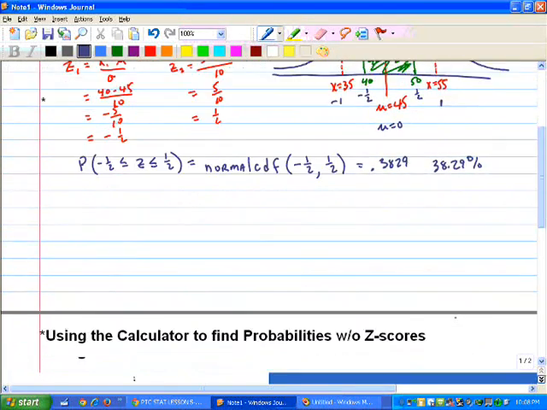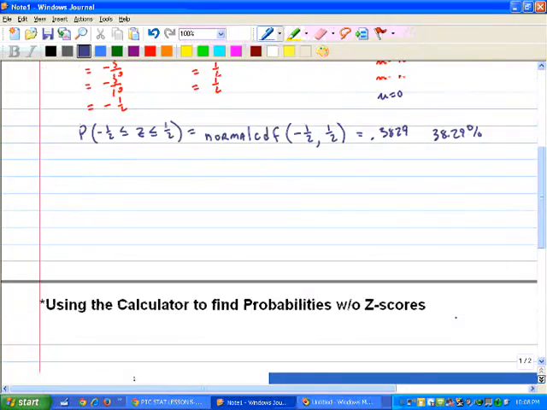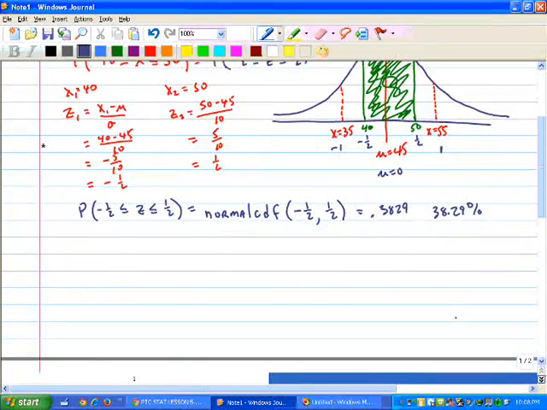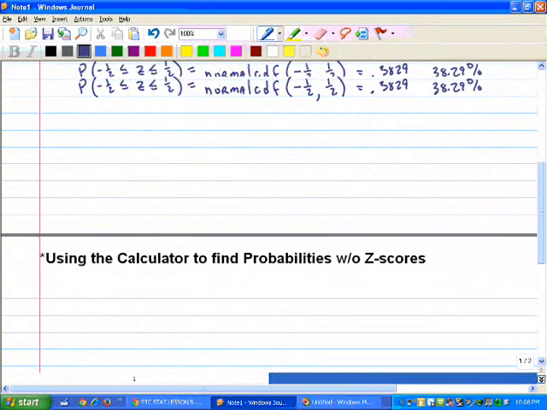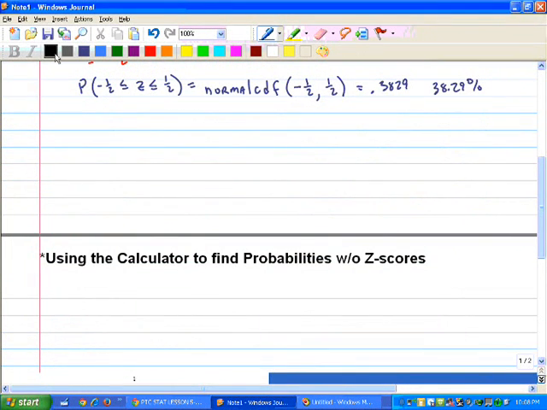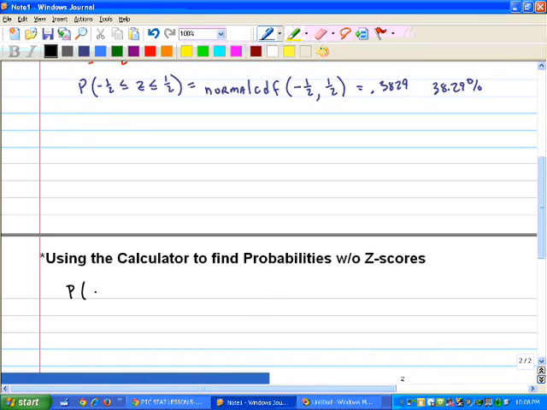Your calculator, though, gives you an option to do the same thing without converting your x values to z-scores. In this case, for the same curve we did a second ago, if we want to find the probability that x is between 40 and 50, we go second vars on the calculator, go to normal CDF again.